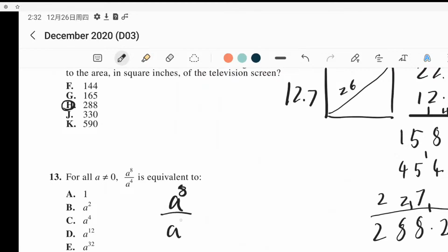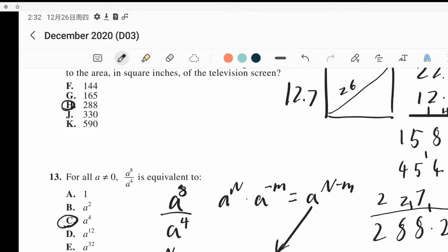By theorem, we can say that a to the n over a to the m is equal to a to the n minus m, because we can see this as a to the n multiplied by a to the negative m, which by sum of exponents is a to the n minus m. So this will simply be a to the 8 minus 4, which is C.